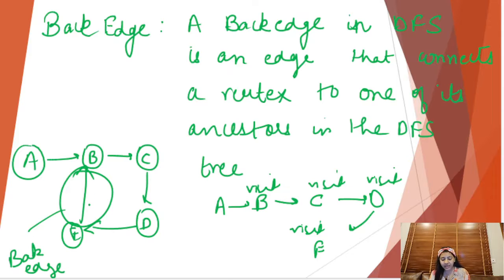Now if I try a DFS traversal on the same graph but in a different order.